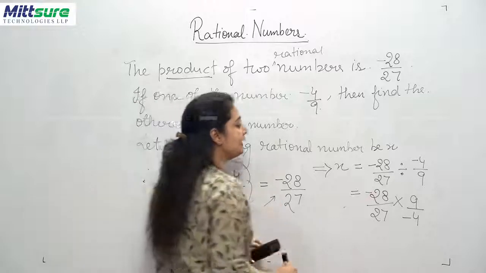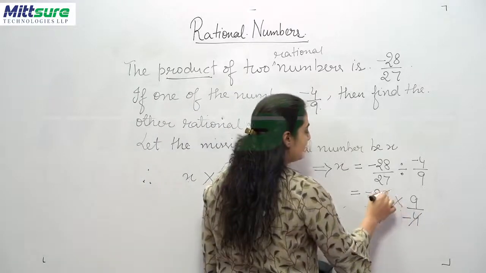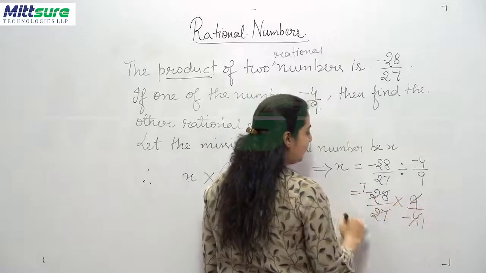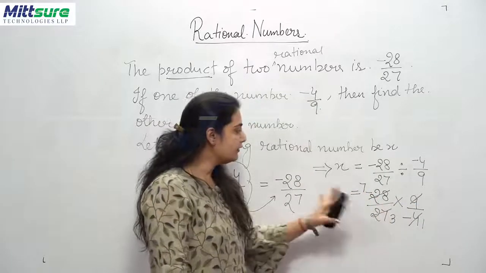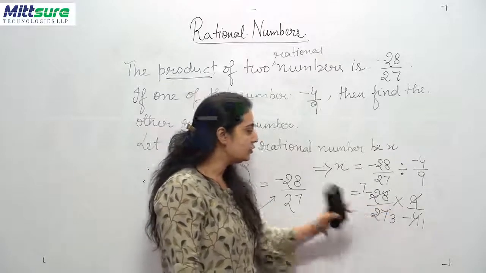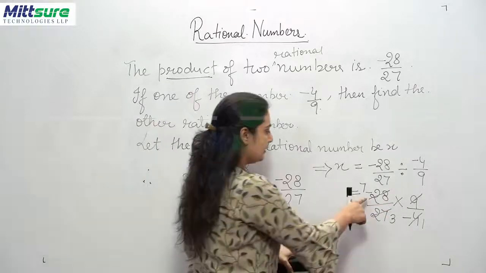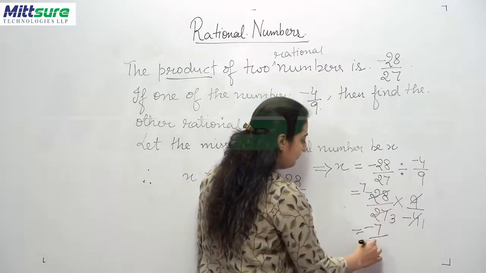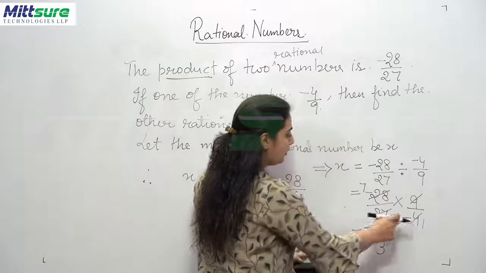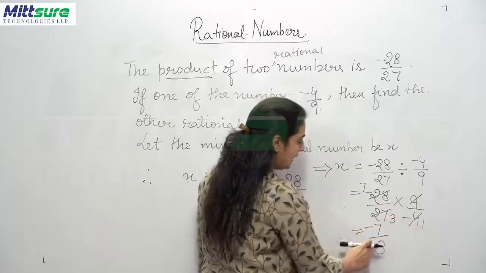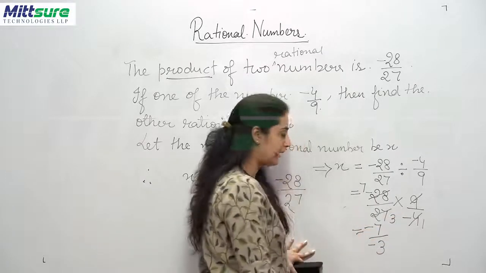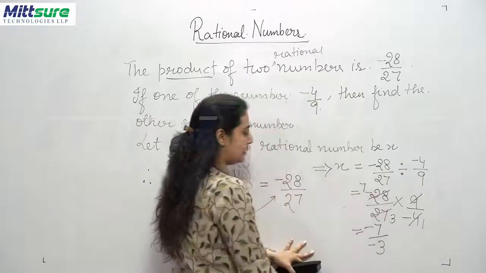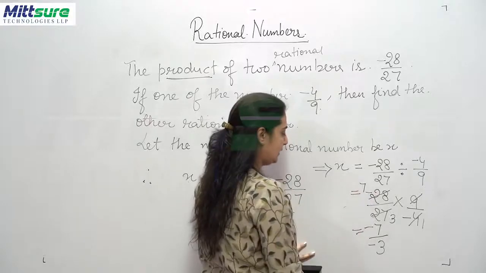Now we will be cancelling them. 4 cancels 28 7 times. 9 cancels 27 3 times. The result which I get after the cancellation of these numbers is minus 7 upon minus 3. How? Because here the 4 had a minus sign, so 3 has also got the minus sign, and here minus was present with 28, so 7 also got the minus sign.